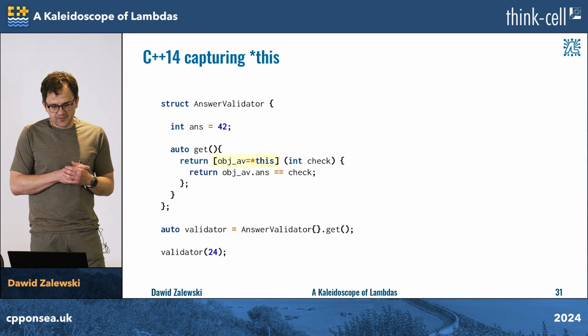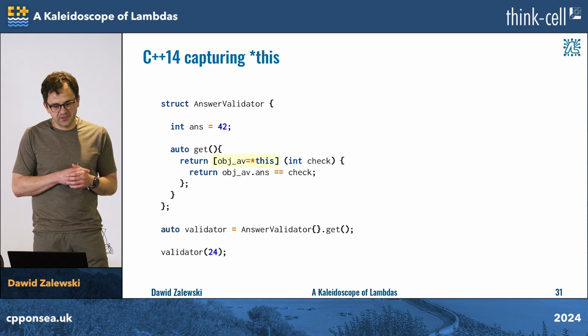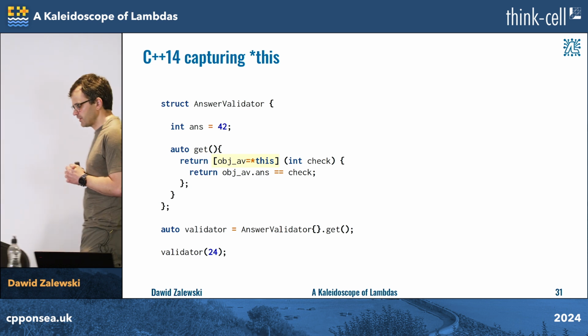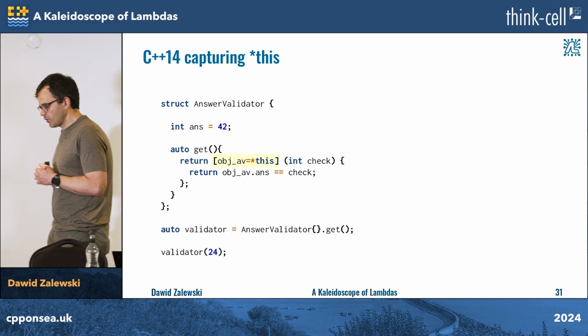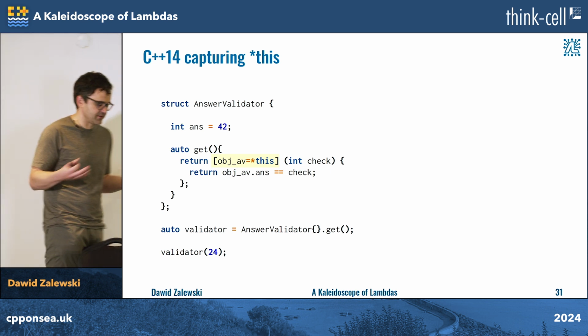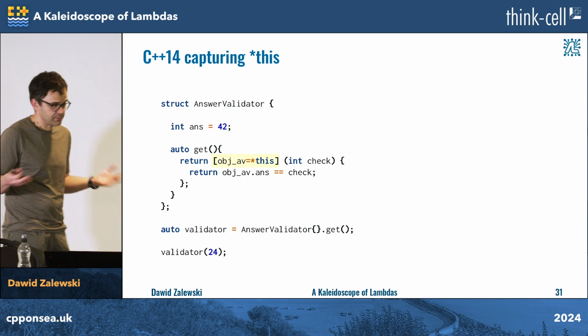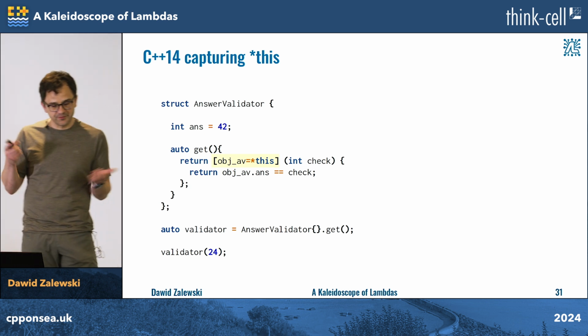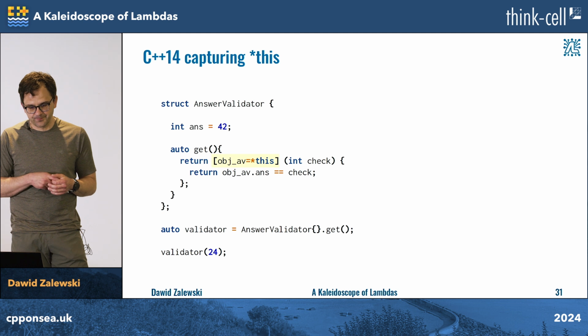And last but not least, capturing of the surrounding object by copy has been added. This is big. For reasons that we'll discuss later, sometimes you just want to make a full copy of whatever object you are in, maybe because you want to hide some information, for example, some implementation details, whatever it is. And you just need a copy. Now it's possible, at least with the init captures.